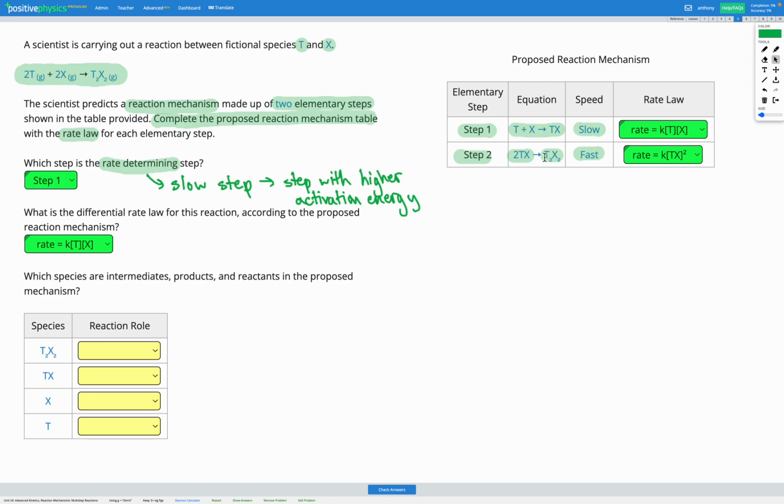Finally, we're looking at our equations for step 1 and step 2 and figuring out what our intermediates, products, and reactants are in the proposed mechanism. So to start with, reactants will be the things that are on the reactant side of our chemical equation at the top here. So T and X are definitely going to be reactants. So let's fill those in first.